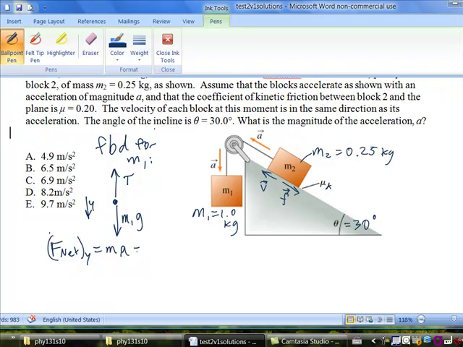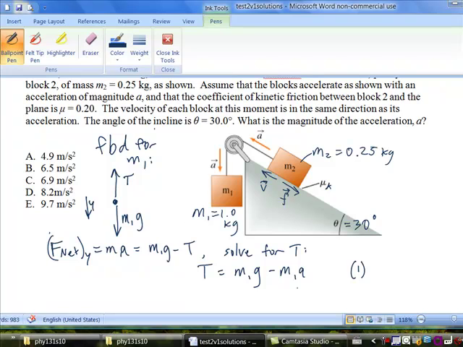This is m1 times a is equal to, downward is m1g, minus the upward is T. So we'll solve for T because that's going to be our unknown. You'll say that T from mass 1 is equal to m1g minus m1 times a. I'm going to call this equation 1 because I'm going to end up using that later.